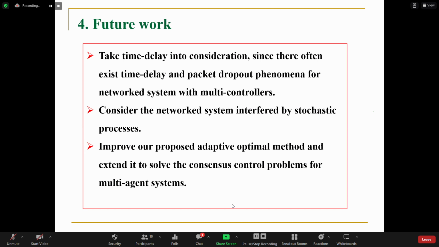Our research is now focused on the theory research. I think there are no requirements for this, and we have attempted to extend our method to applications such as multi-agent systems.